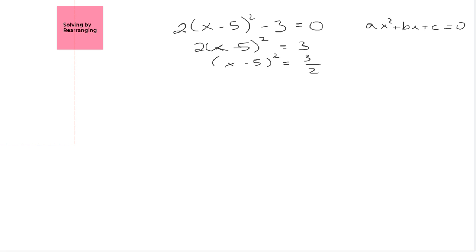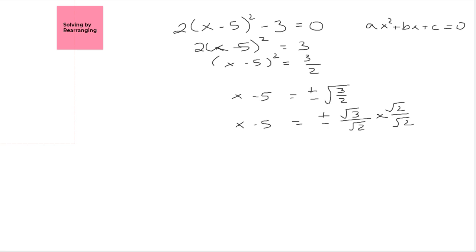Now I have a square, so I can get rid of that square by taking the square root of both sides, recognizing that when I take the square root of the right side, I'm going to get plus or minus. I'm going to get 2 answers. Now, if we want to get fancy, we can simplify the other side because we know about radicals. We can rationalize the denominator by multiplying by the fake 1.